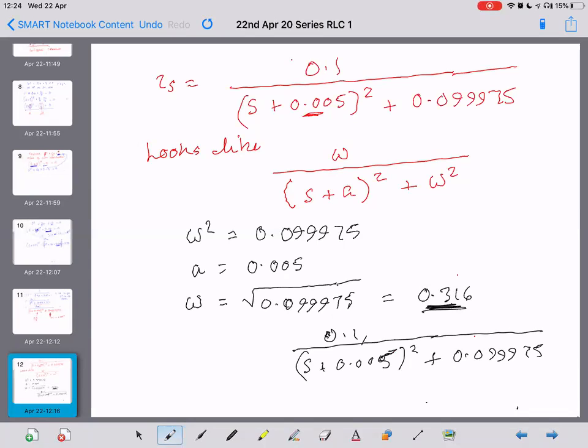To get that, we must multiply the top by 3.16, because 0.1 times 3.16 is 0.316.